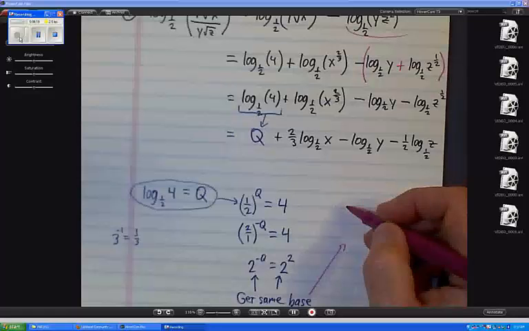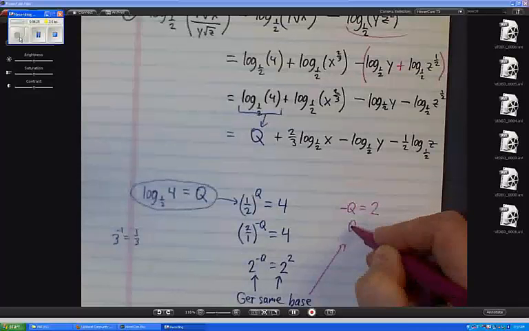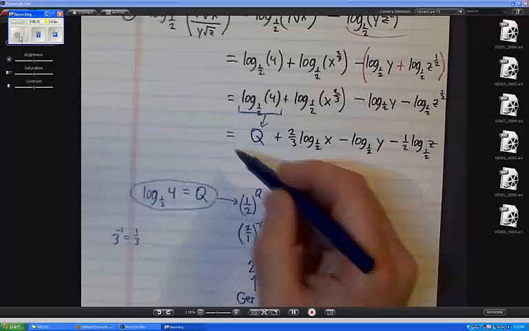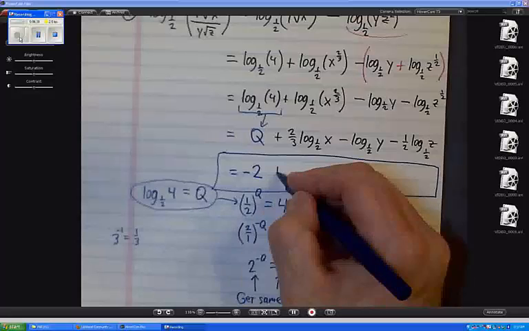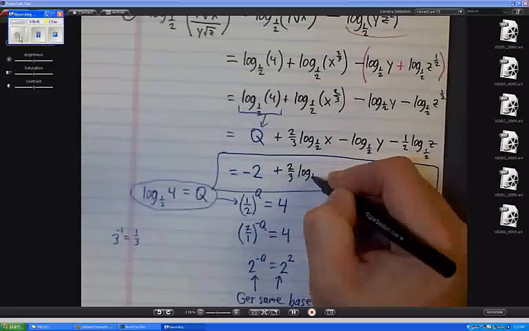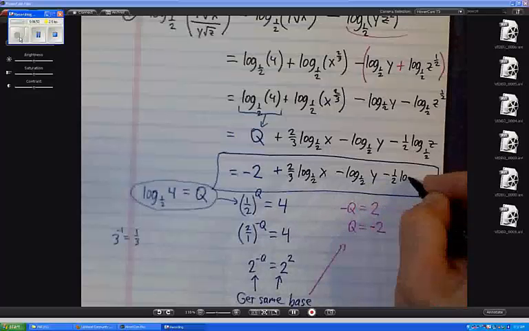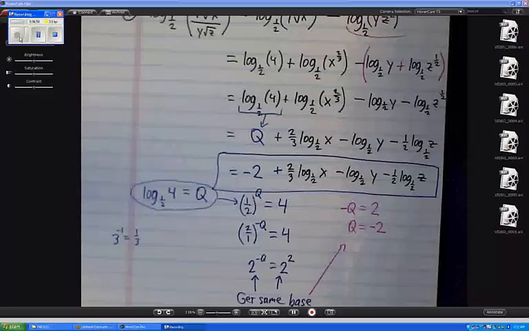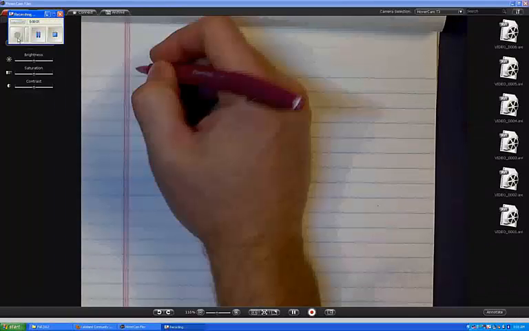Well, negative q is equal to 2. So q equals what? Negative 2. So the final answer to this whole thing, I guess I could put it right in here. It's negative 2 plus everything else I had. 2/3 log of x minus the log of y minus 1/2 the log of z. Cool. The log laws.